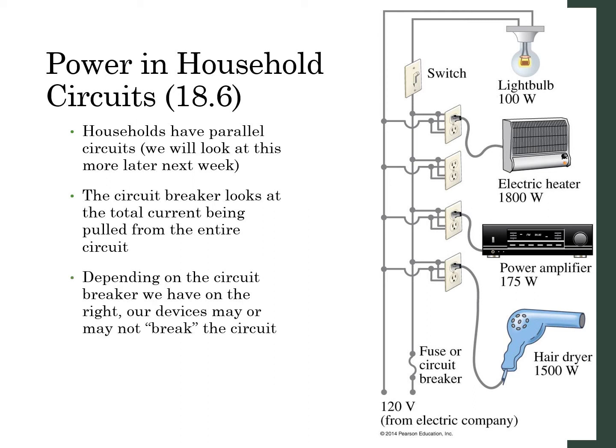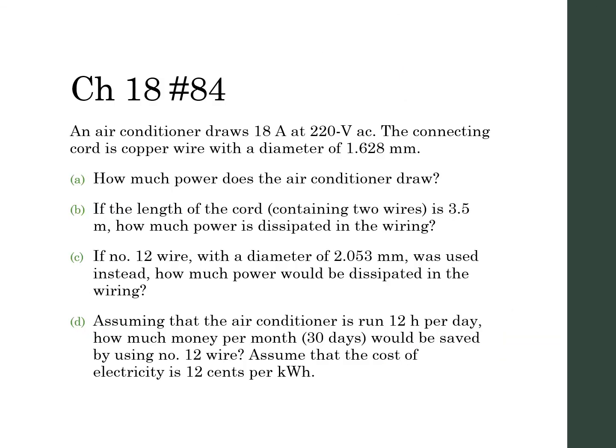Depending on the devices we have attached and our circuit breaker, we could technically go the entire time without actually breaking our circuit. So we might not actually need the circuit breaker because we're responsible, but it's a really good device to have there as a backup. All right, so we're going to do number 84 from the back of the chapter.